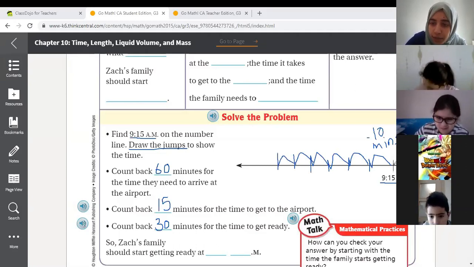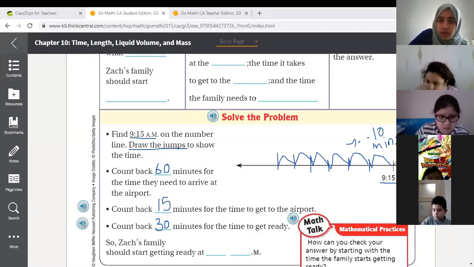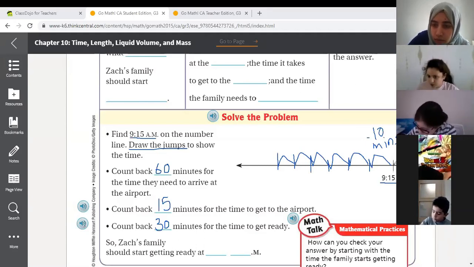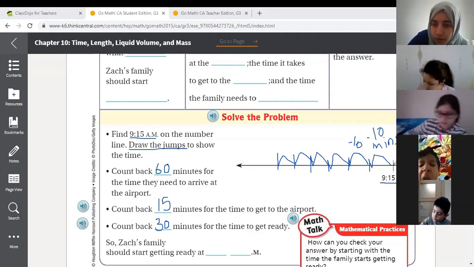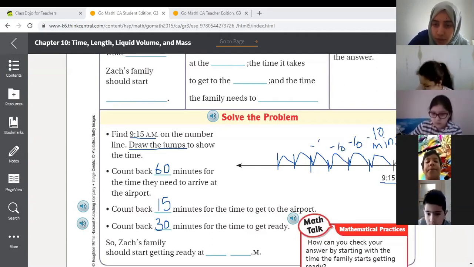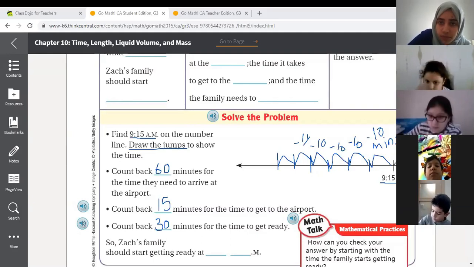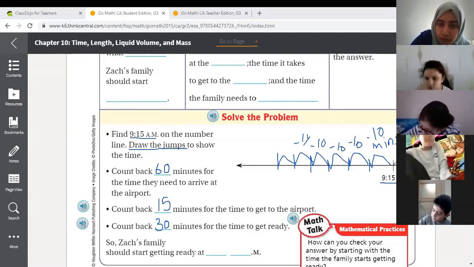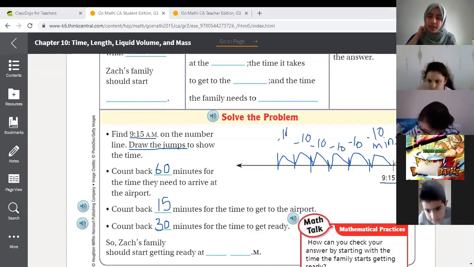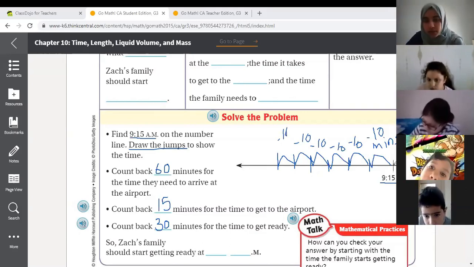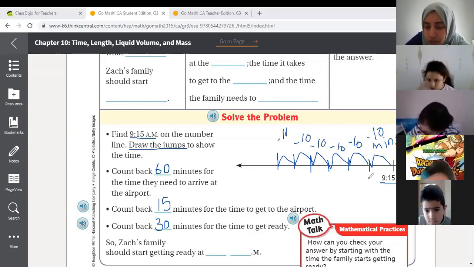I'm going to try to make it as clear as possible. 20, 30, 40, 50, 60, and then again, let's see how much time it's going to be here.